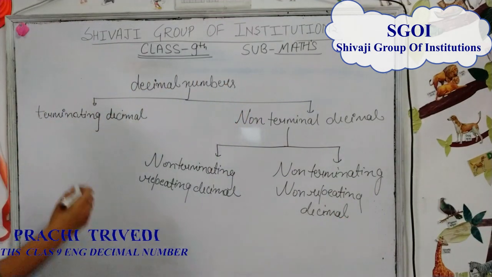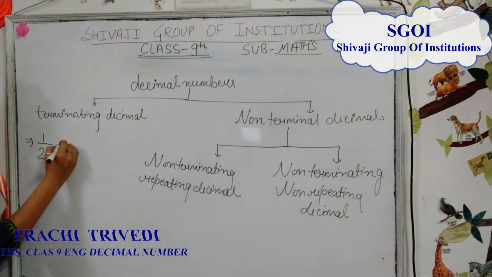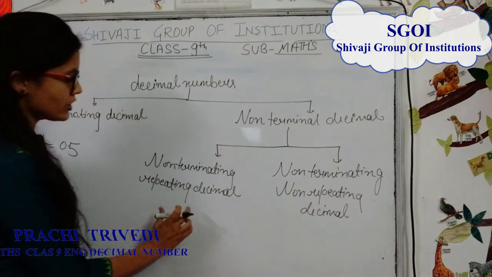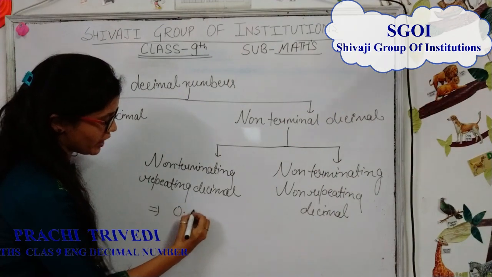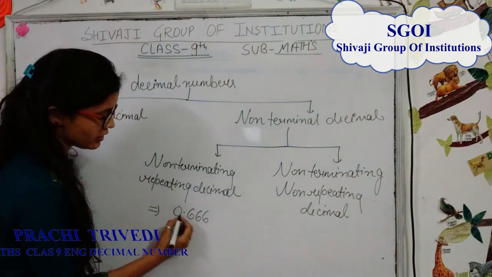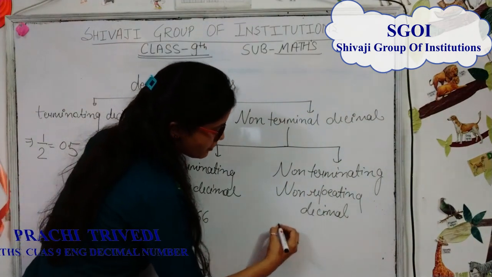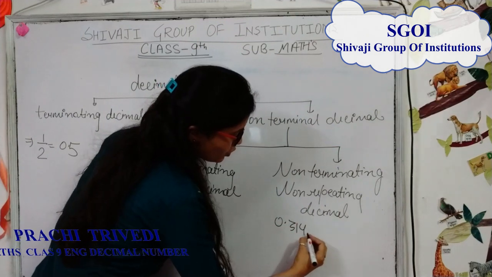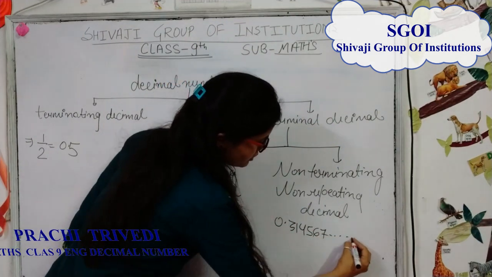Now let's see the example. Terminating decimal, for example, when we divide this, we get 0.5. Non-terminating decimal, example 0.666, and non-terminating non-repeating decimal, for example 0.31456 and so on.